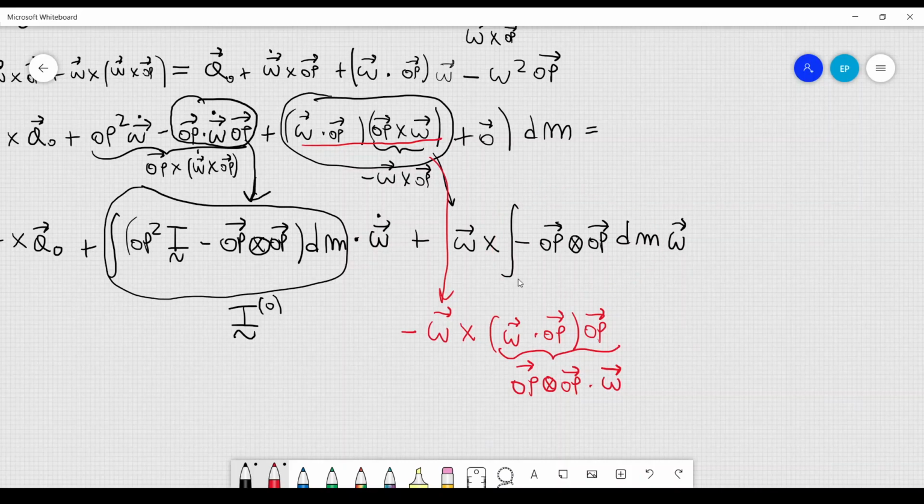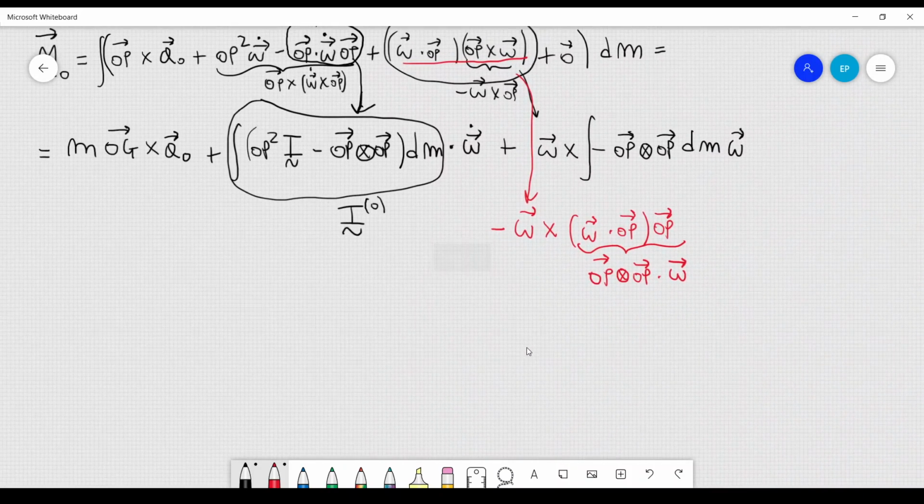And one last step is this. Now, consider this fact. If I put another quantity inside this integral here, of this kind, OP squared times the identity matrix, then I'm adding just a zero vector, because omega cross product with this matrix that multiplies omega will give you 0. When I multiply omega, you get omega, and OP squared is just a scalar, so it's a vector that's parallel to omega.